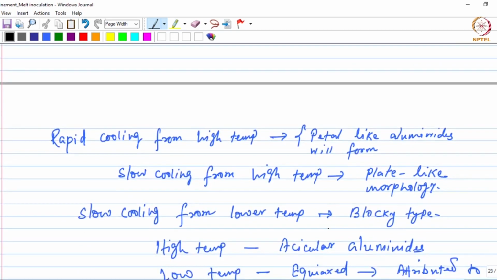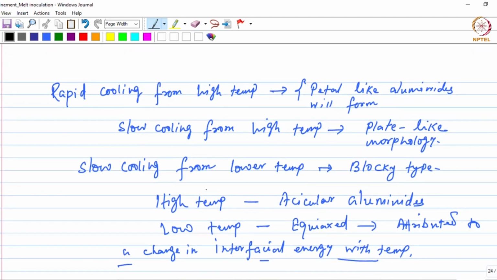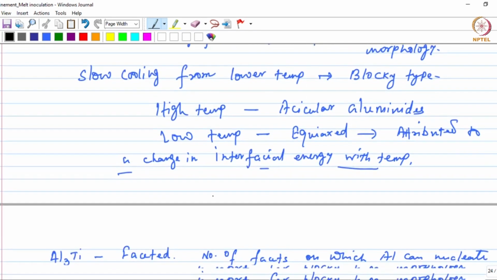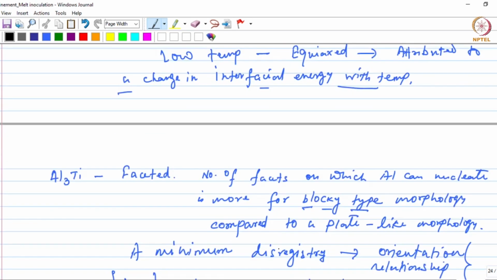Depending on the morphology of the particles, the grain refinement efficiency can vary, and we have seen that a morphology which can provide a number of facets, or a faceted kind of morphology, for these aluminide particles is good for better grain refinement or higher grain refinement efficiency.